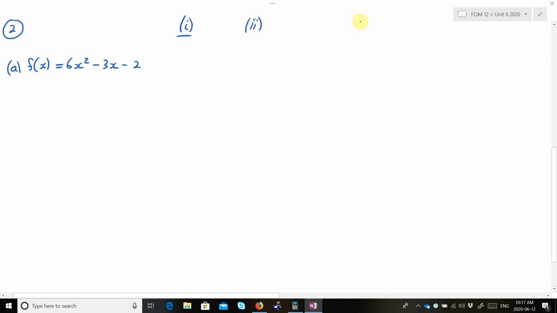Part 2 is end behavior, domain, and range. Part 3 is the minimum and maximum number of turning points, TPs.